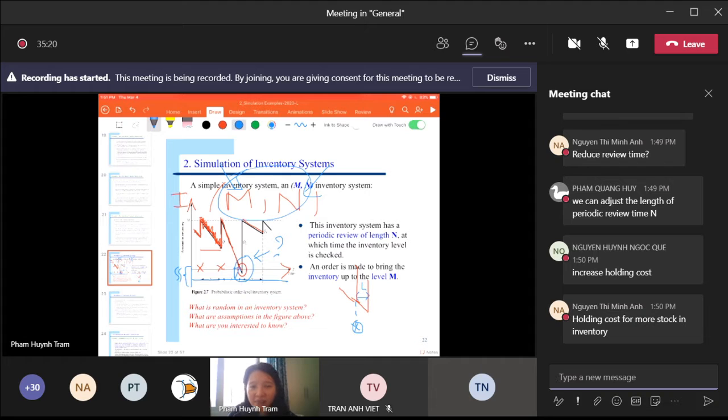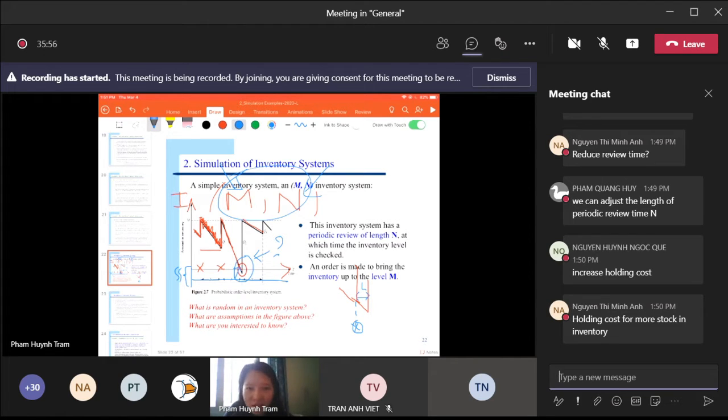We can also think of opportunity cost: if we calculate wrongly and spend too much money buying inventory that is not necessary, then we could have used the extra money to invest in other things, instead of buying a lot and keeping it there. So holding cost is one.